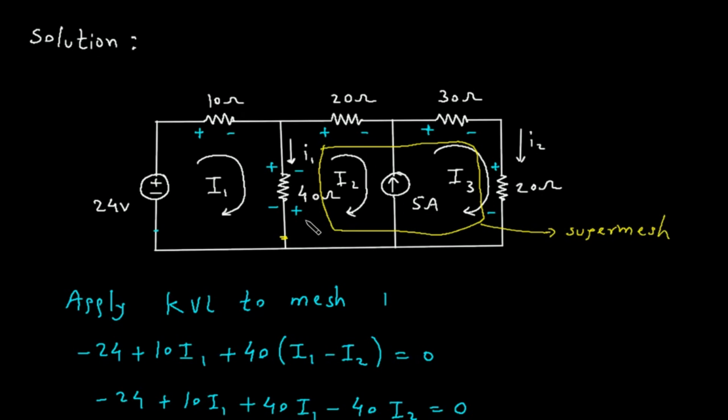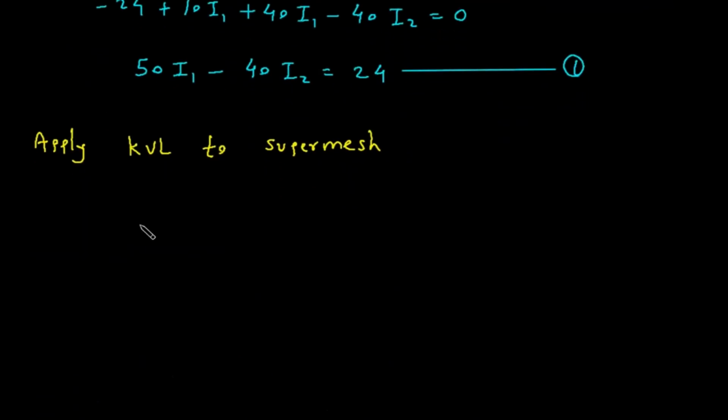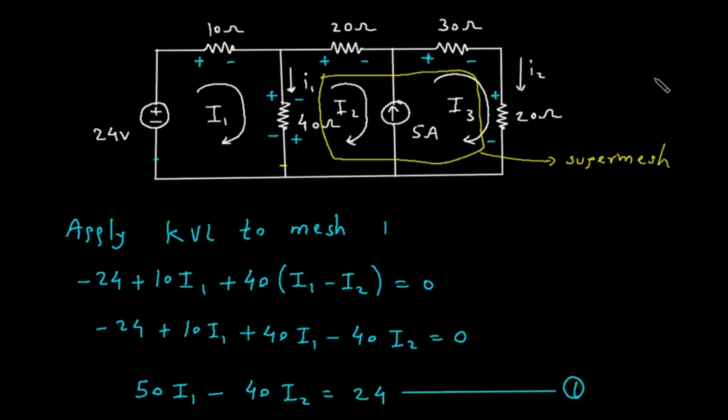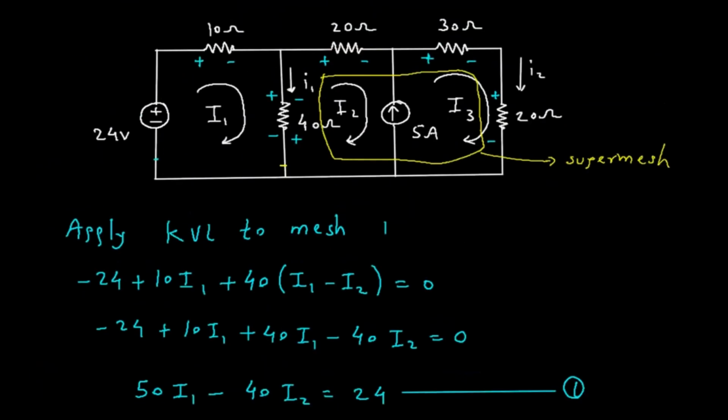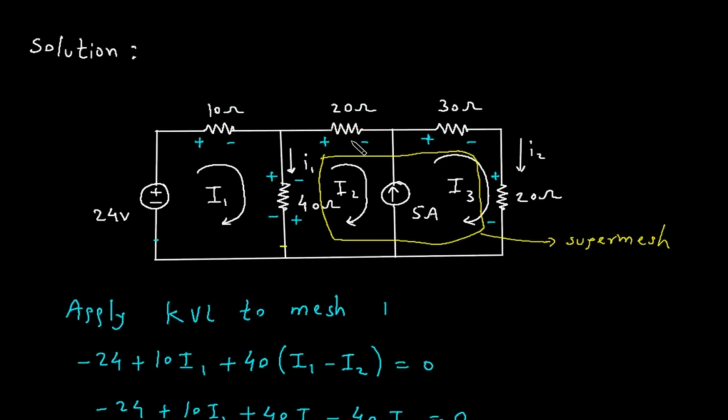So this will be positive 40 I2 minus I1, plus 20 I2, then plus 30 I3.